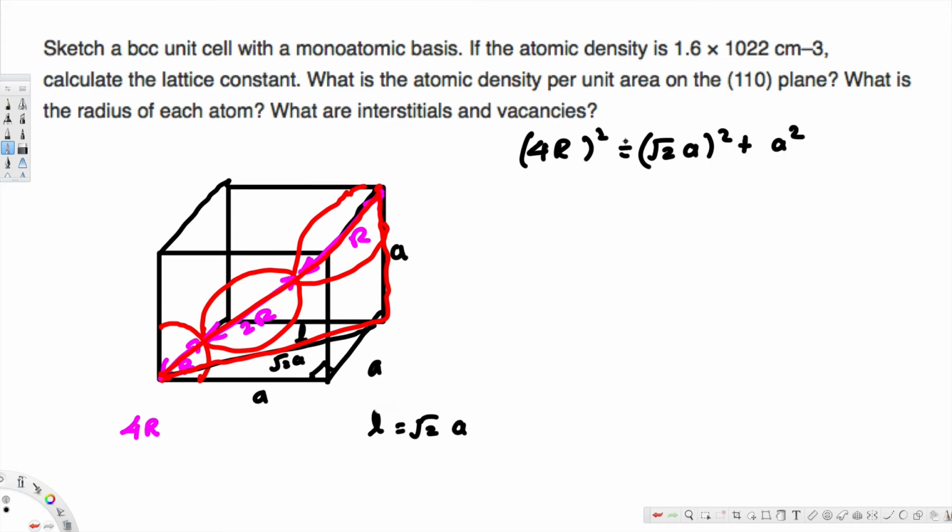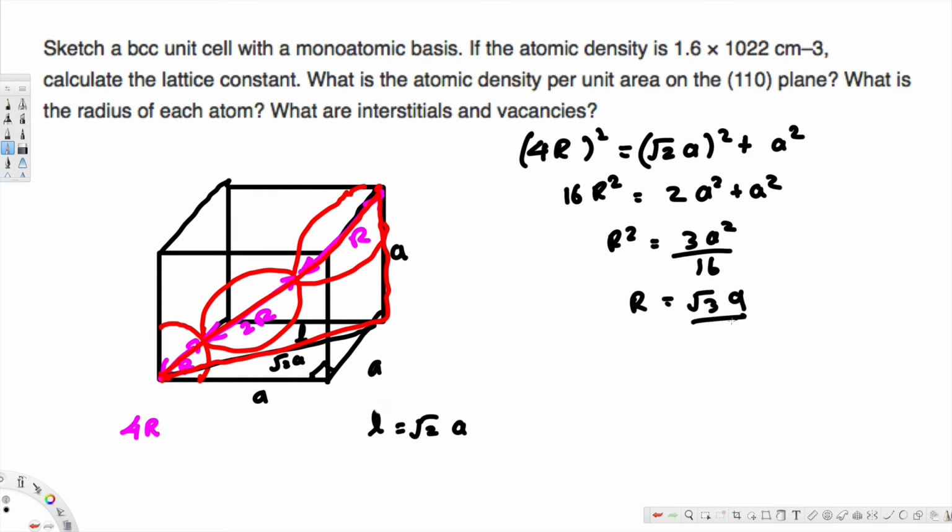So from this one we can derive an equation for R. This is going to be 16R square is equal to 2A square plus A square. Therefore R square is going to be 3A square divided by 16. Therefore R is going to be equivalent to square root of 3A divided by 4. Okay, so this is the equation we have for radius.